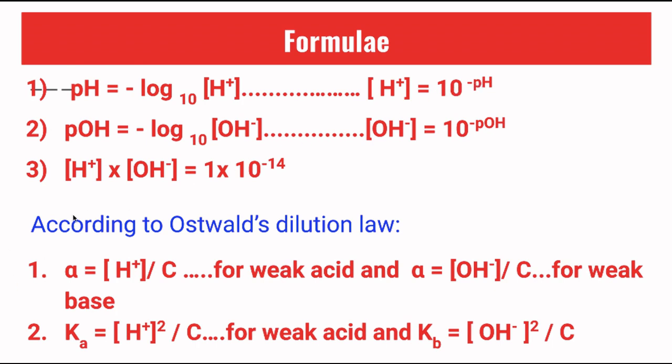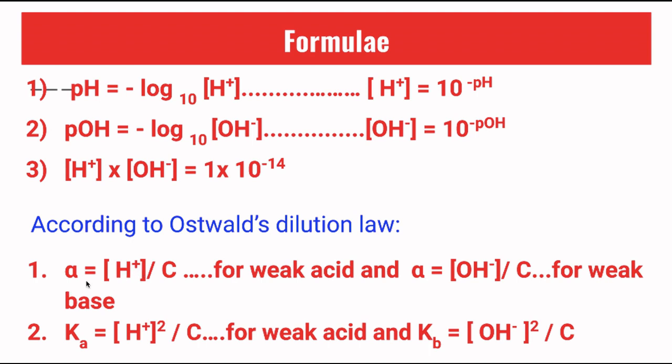Again, see here, if the acid is weak or base given is weak, you know that concentration of H+ ions is not directly equal to concentration of the acid, or concentration of base is not directly equal to concentration of OH- ions. For that you must know the value of alpha. So for weak acid, if concentration of H+ ions is known, you can calculate value of alpha.